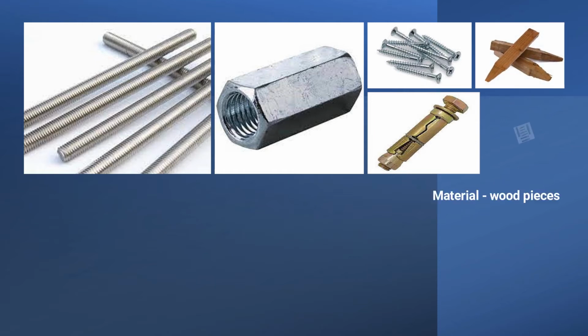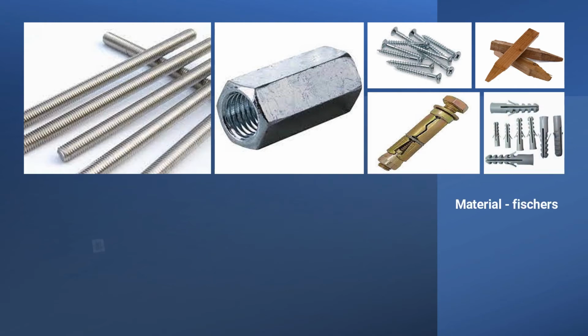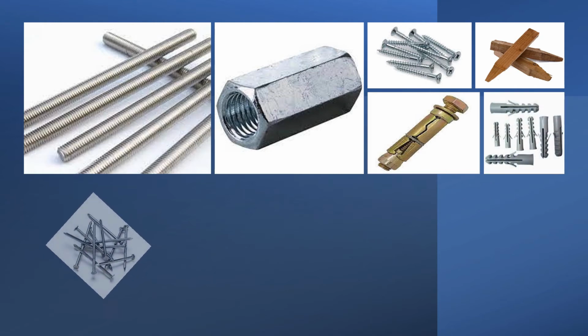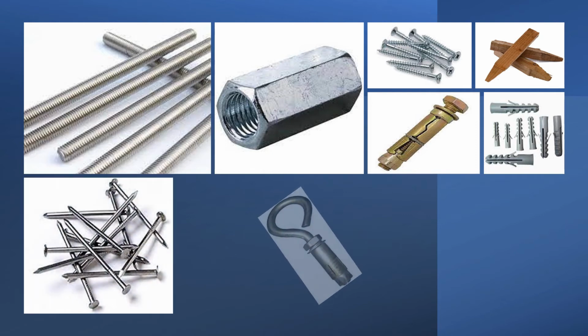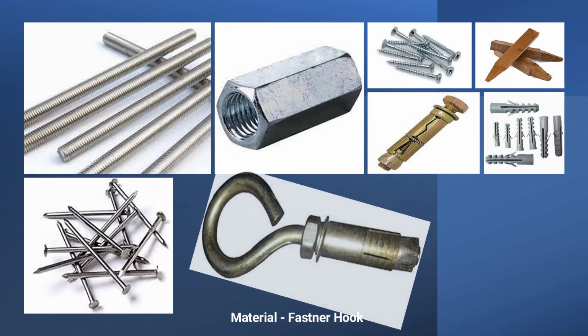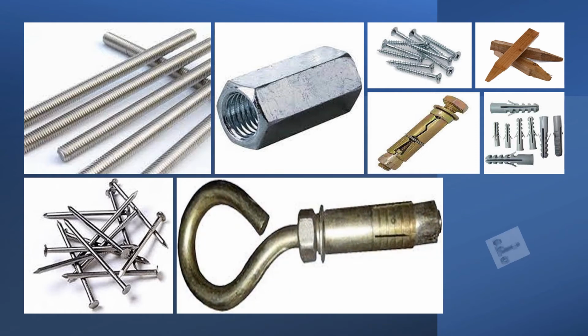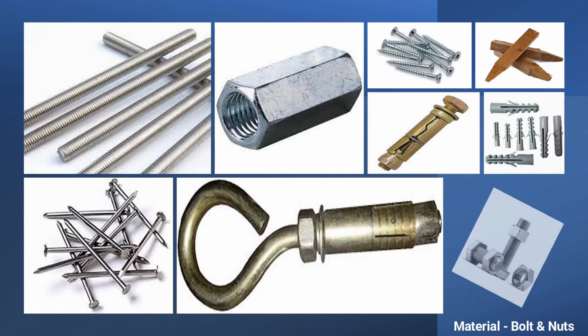That gutta is nothing but the wooden piece. Here you can see the fishers. With the help of fishers, they will screw the screws in the wall. Nails is shown. This hook with anchor fastener is used for fan and everything.